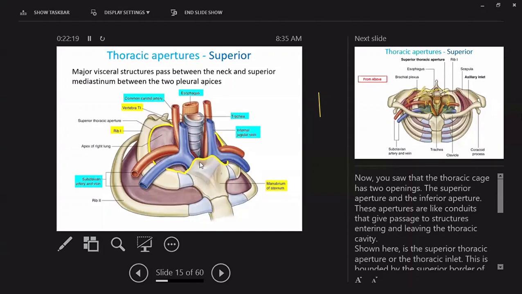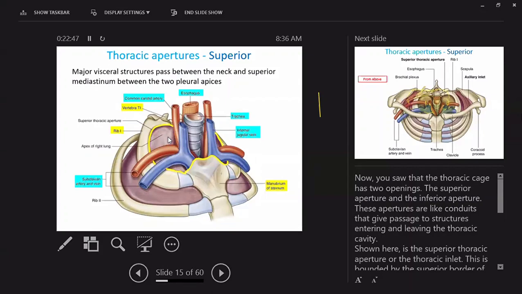You will need to identify and name and know the borders of the superior thoracic aperture. So laterally, you get the internal margin of rib 1, the internal margin of the first thoracic vertebra, T1, and the superior border of the manubrium. Those are your margins. The lung apex, the topmost part of the lung, actually projects through the superior aperture into the neck.